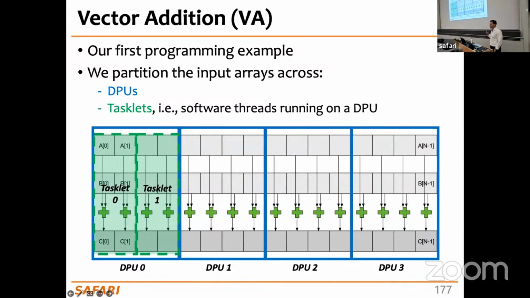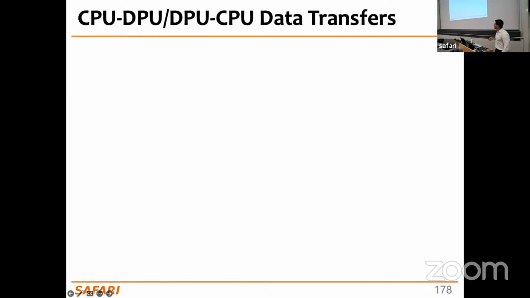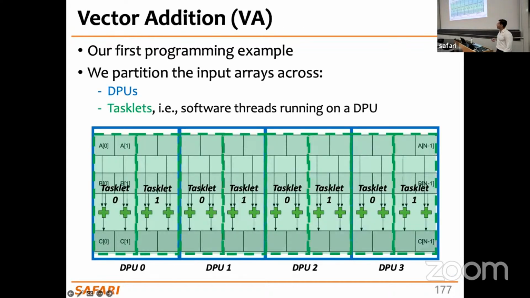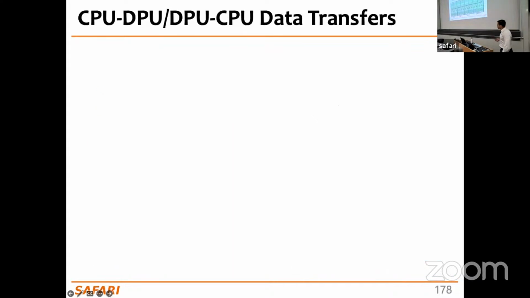I didn't mention that the processor inside the DPU is a multi-threaded processor. So again, this resembles a lot how we would program a GPU, and you're going to have more details on this later on in this lecture.